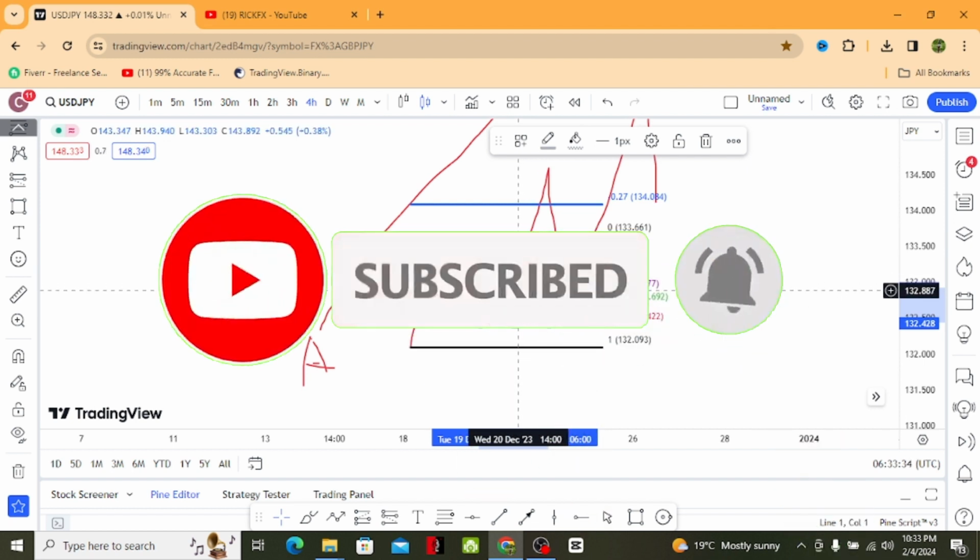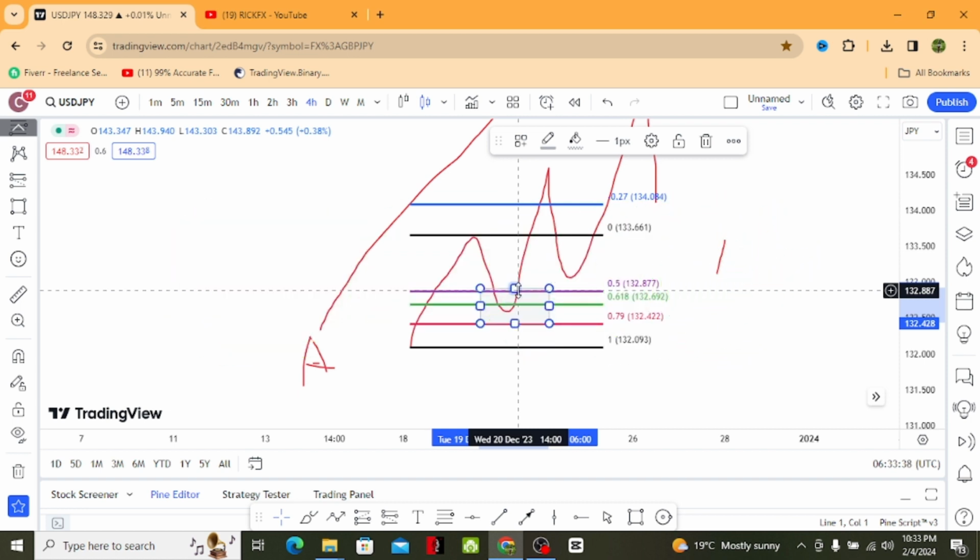So that is why combining Fibonacci retracement and price action is very important. Your candlestick confirmation is what will help you whenever you're using the Fibonacci retracement tool. So it's very important to always enter your trade with candlestick confirmation. Okay, that's it for this uptrend.